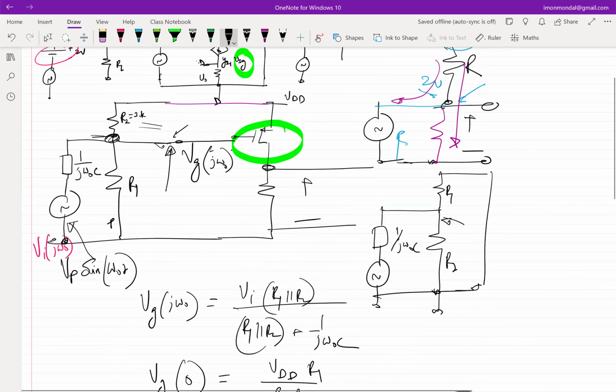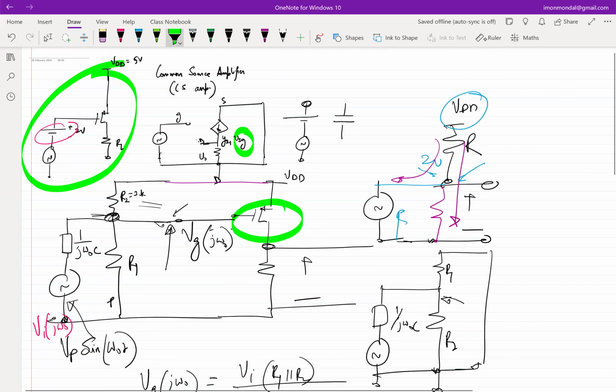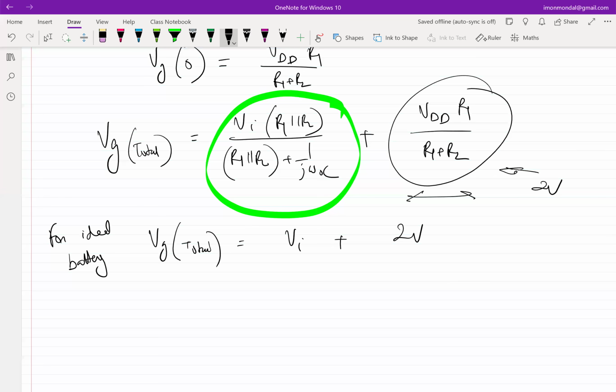So let me go back to this picture. This Vg should have been Vi plus 2 volt. Now I get this 2 volt, but I don't get Vi. I get a fraction of Vi or some complex form of Vi. In phasor, complex means essentially there is a phase difference between the input and whatever you are taking the output. So now is it clear?